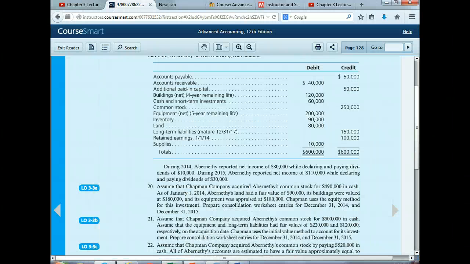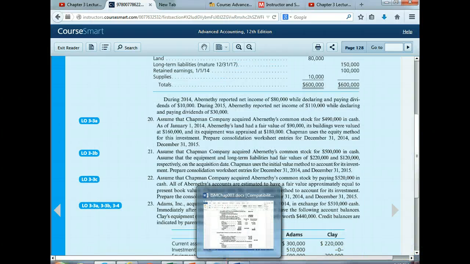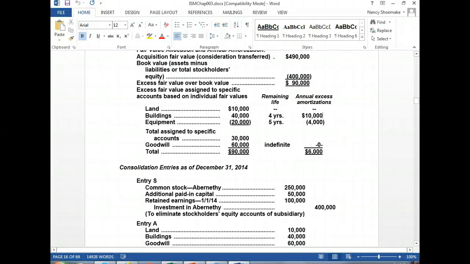So, getting back here, it says Chapman uses the equity method for this investment. Prepare consolidated worksheet entries for December the 31st of 2014 and 2015. Now remember, this subsidiary continues to operate independently. But in order to consolidate our books, we've got to go through a variety of entries.